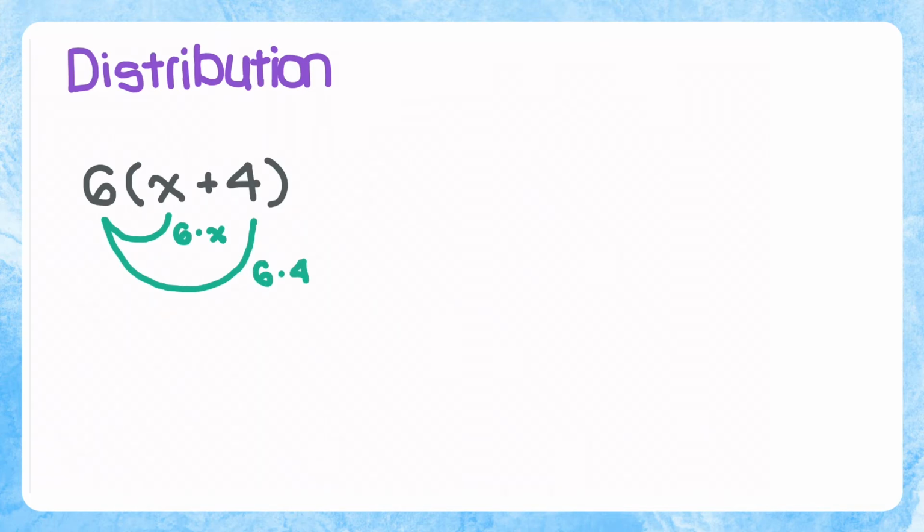Rewriting that, that would equal 6x plus 6 times 4 is 24. So distribution with polynomials is really similar. Let's take it step by step by looking at some examples.